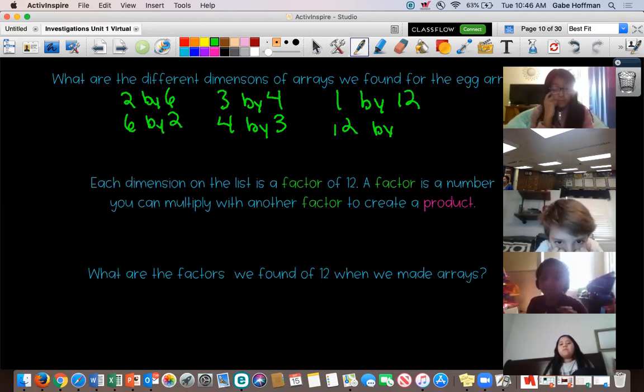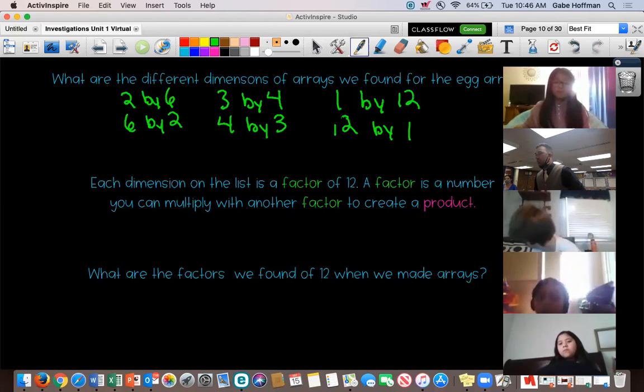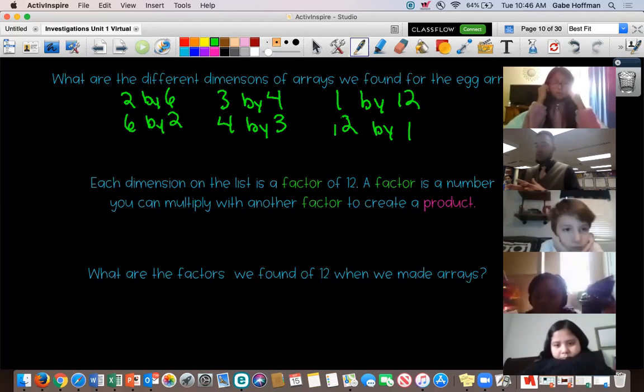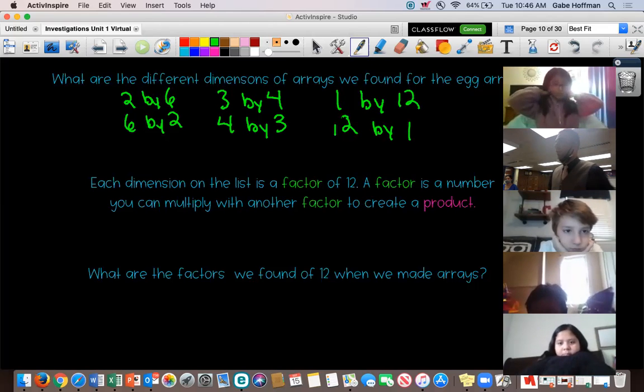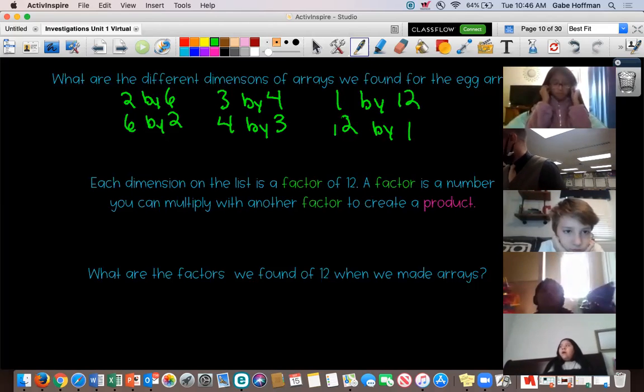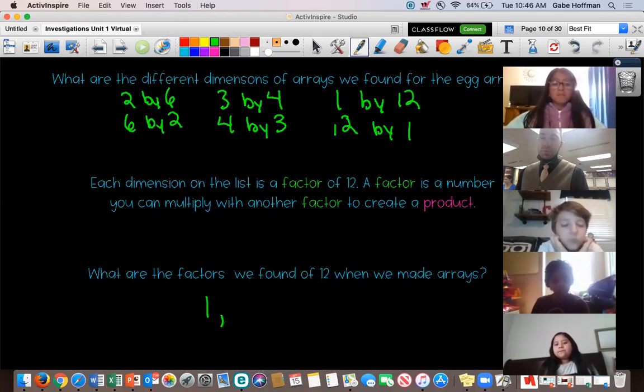So what we just did is listed all the factors for the number 12. And those factors are the 2 numbers you can multiply together to get the product. So if we listed all the factors that we found in order, we would say the factors for 12 are 1. What would be the next number we can multiply to get 12?